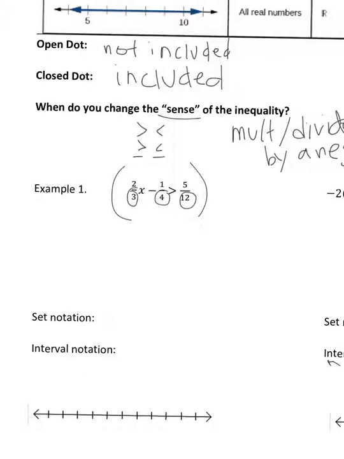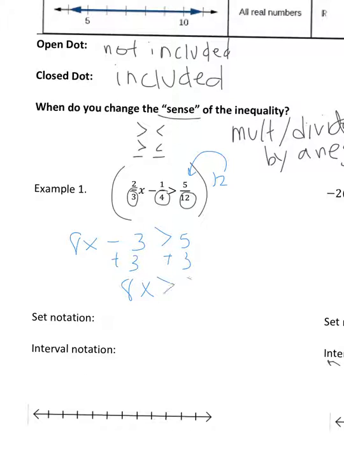I have a 3, 4, and 12, so I'm going to multiply everything through by 12. 12 times 5/12 is just going to be 5 because the 12s cancel out. 12 times 1/4 is 3. And this term, 12 divided by 3 is 4 times 2 is 8. So it's a much simpler inequality.